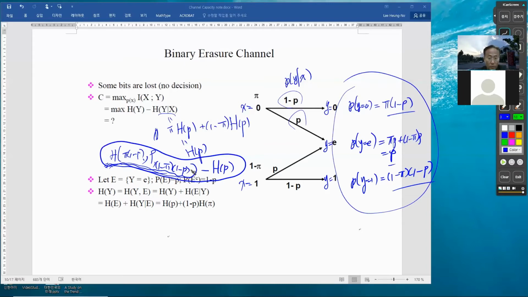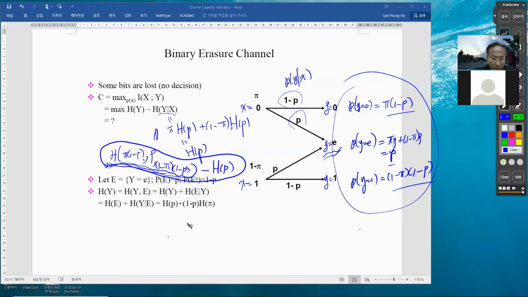That's what we need to do. So what can we do? We notice that this is the part that makes some difficulty. So we will utilize a utility random variable.